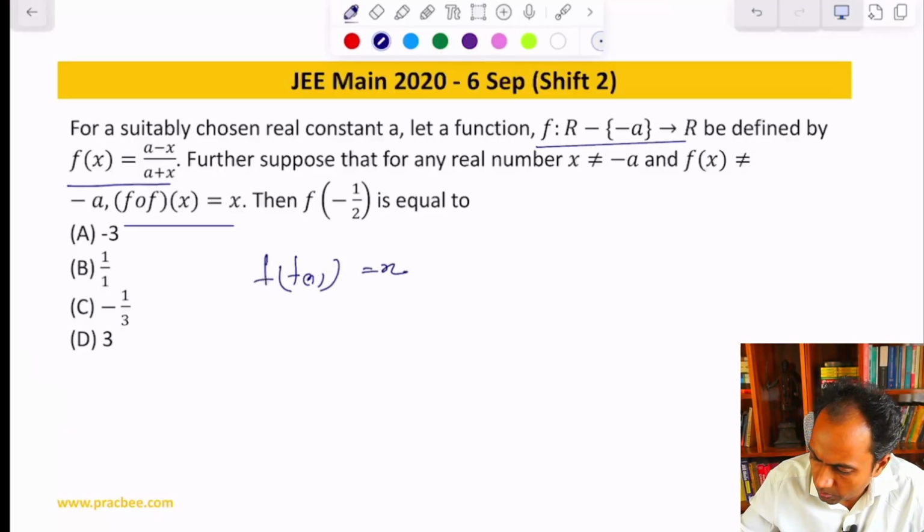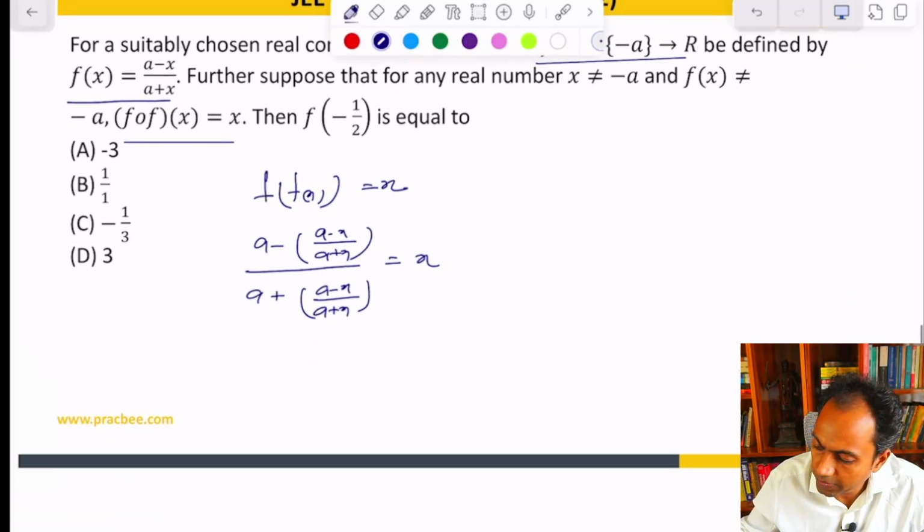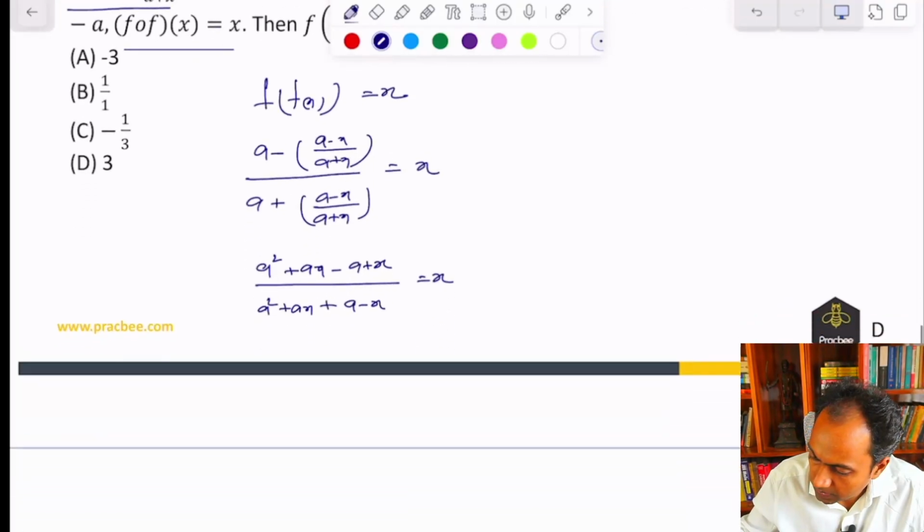And if I do it so, it will become a minus x by a plus x, by a plus a minus x by a plus x. If I do so, this is a into, that will become a square plus ax minus a plus x divided by a square plus ax plus a minus x will be equal to x.